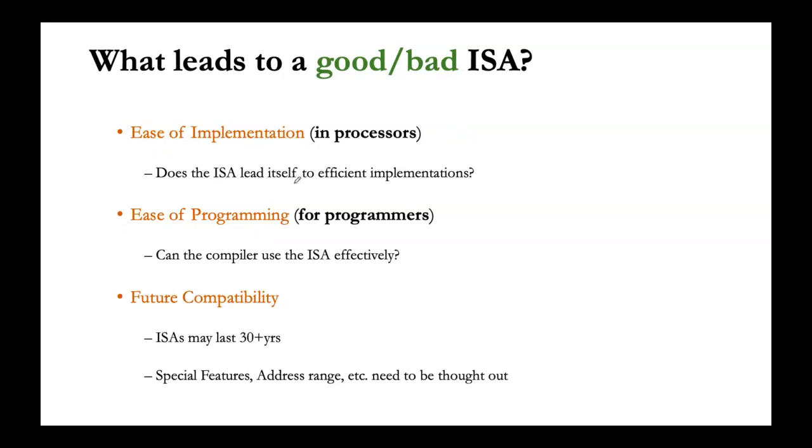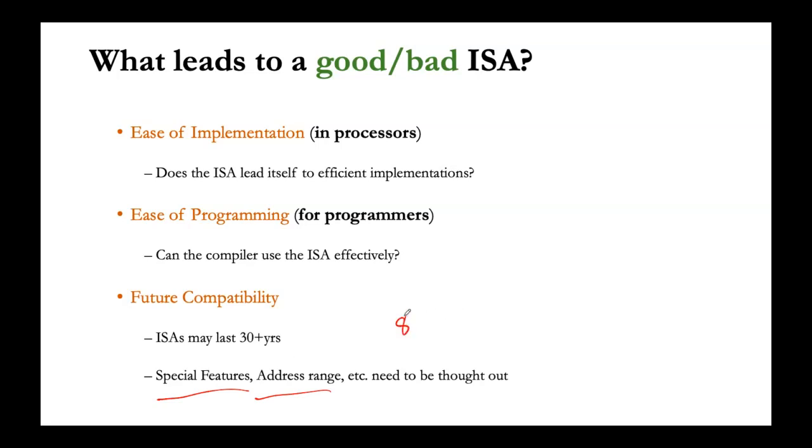Ease of implementation means, does the ISA lend itself to efficient implementations to design the hardware and execute the instructions? Ease of programming means, can the programmer or the compiler use this ISA effectively? Future compatibility means, as an ISA may last 30 years and technology develops, will it remain compatible with special features or addressing range?